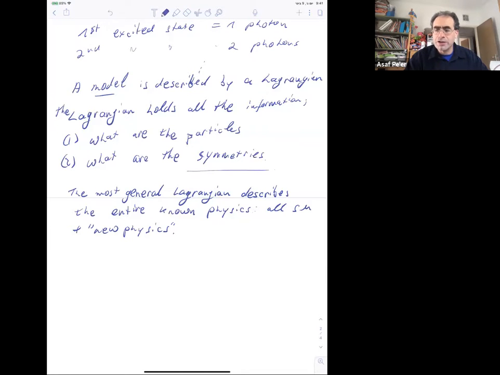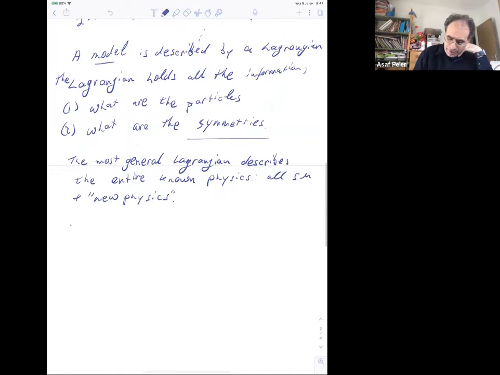Once we know the Lagrangian, it will tell us how to derive the Feynman rules. And the Feynman rules tell us how to calculate the quantum probabilities: the cross-section, the decay width and the branching ratio. So Feynman rules are derived from the Lagrangian.